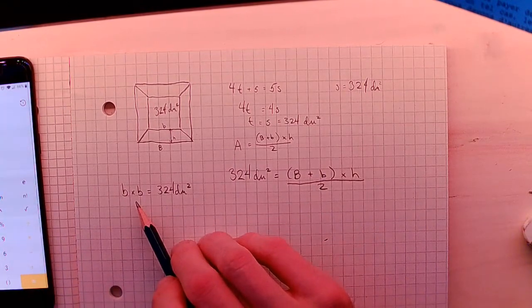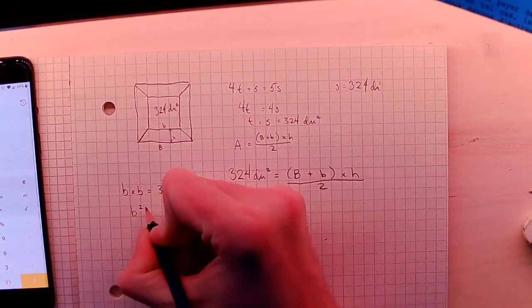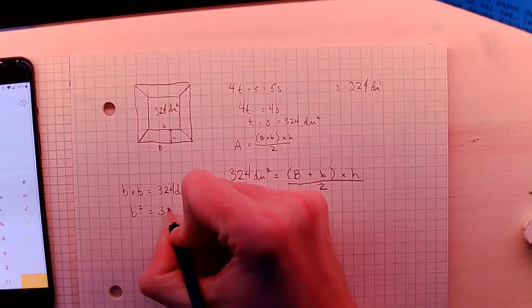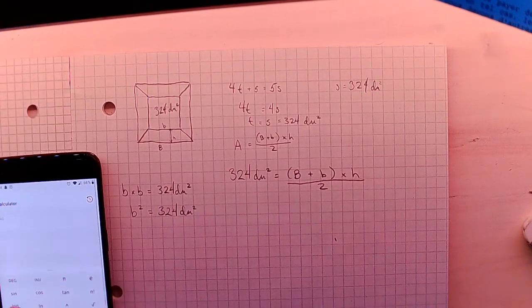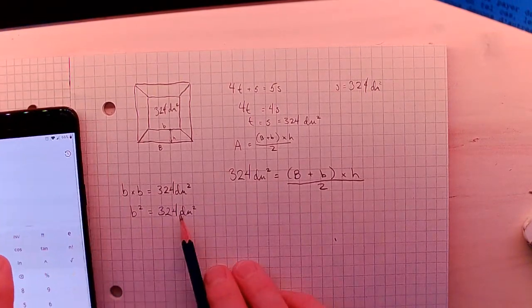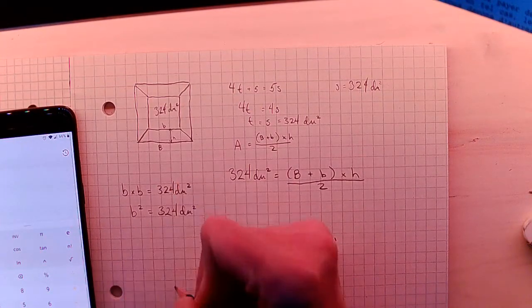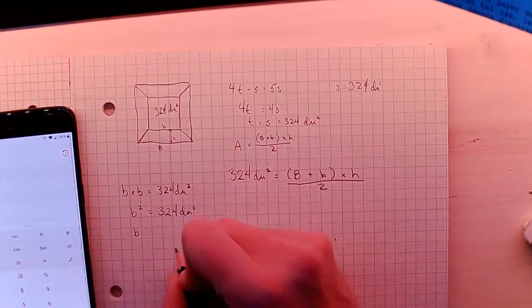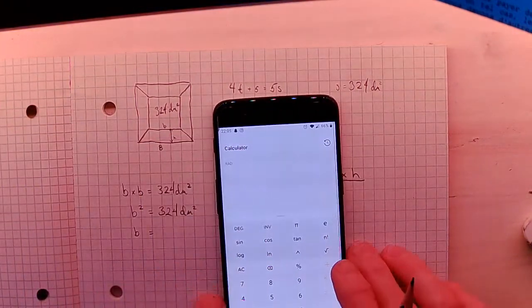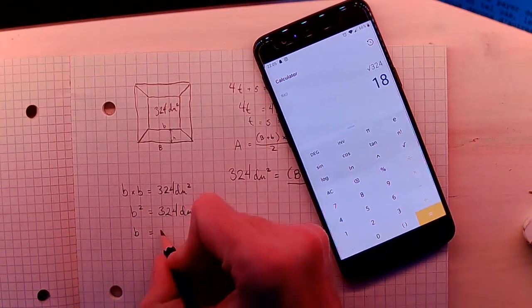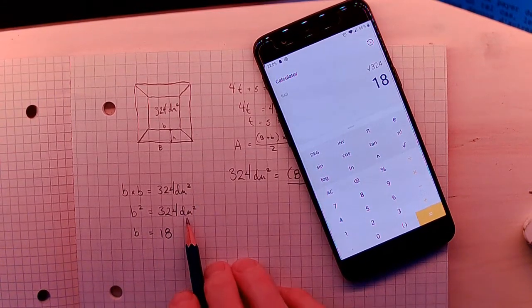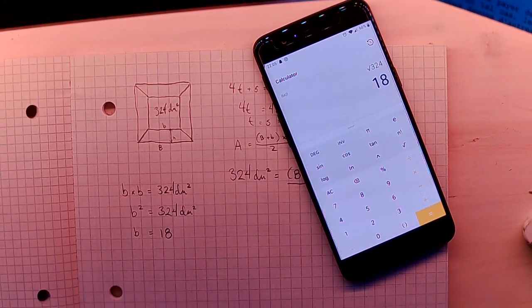B times b is the same thing as b squared, and that's equal to 324 decimeters squared. In order to solve that, we can take the square root of each side. The square root of b squared is b, and the square root of 324 was equal to 18, and the square root of decimeters squared is just decimeters.